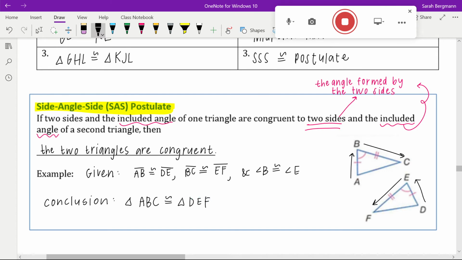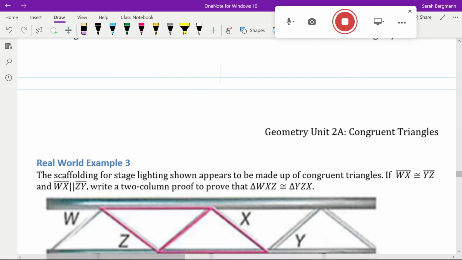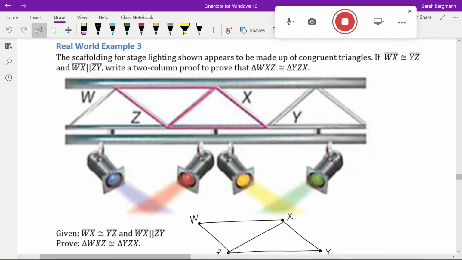This is by the side angle side postulate. So I no longer even have to have three pairs of congruent sides. Now I only need two pairs of congruent sides and the angle between those sides. So it's another shortcut to show that triangles are congruent. Let's do an example together.